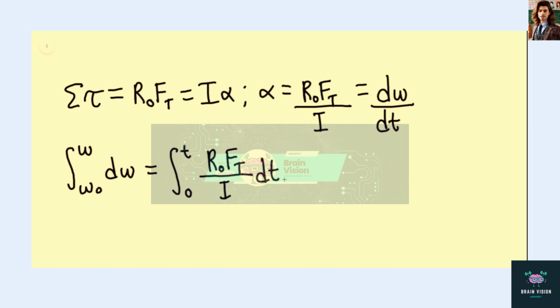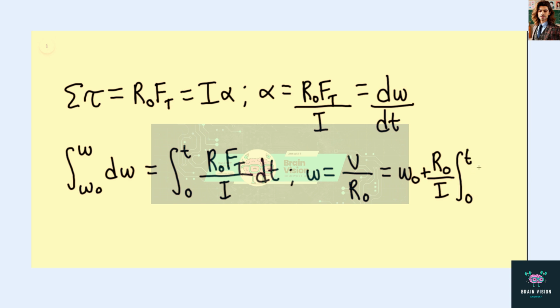And so we know that the angular velocity equals the linear velocity divided by the radius, and this would equal the initial angular velocity plus r divided by I multiplied by the integral from 0 to t of the force tension dt, given that the force tension is the only variable that actually depends on time.